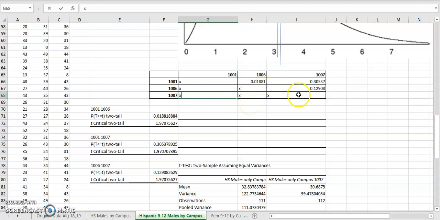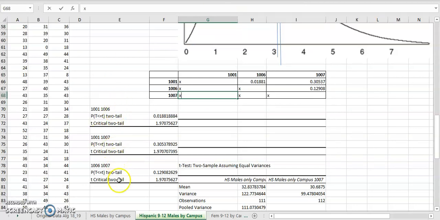And so really, I'm going to run 3 t-tests to determine which campuses are really the most significantly different from each other as far as those test scores.